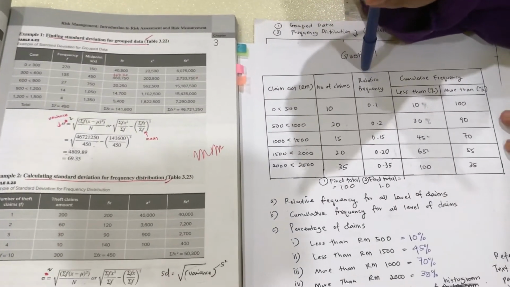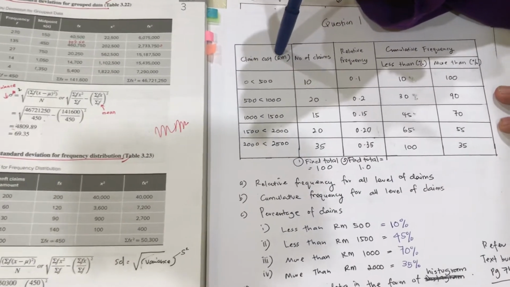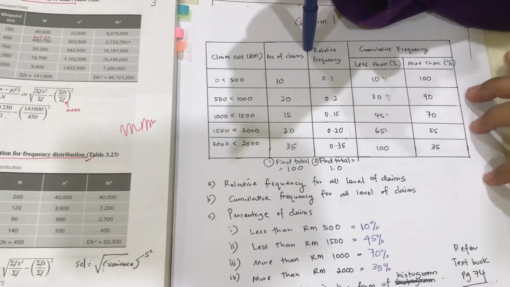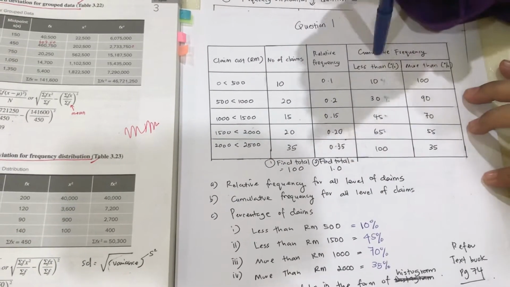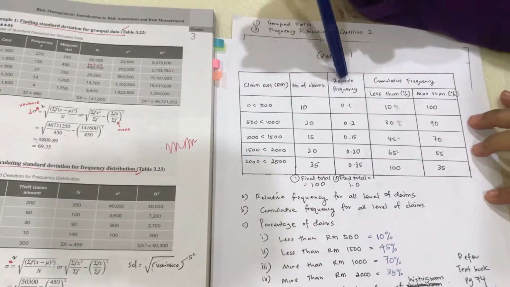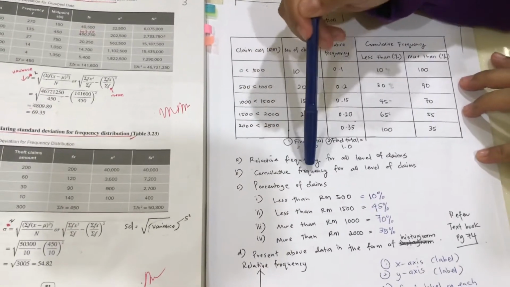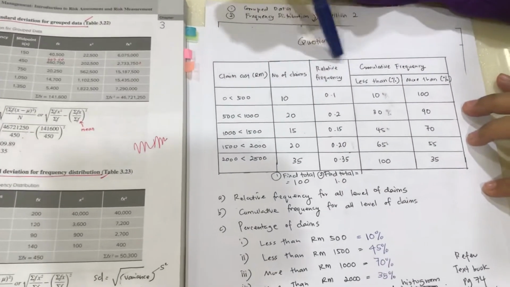Once you see the question, it gives you the claim cost as well as the number of claims. The relative frequency and cumulative frequency you have to find on your own. The first thing is to calculate question A, the relative frequency for all levels of claims. How do you get relative frequency?